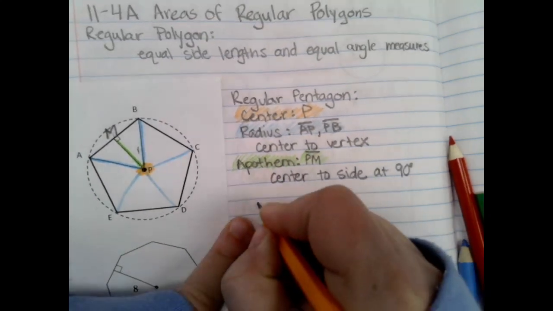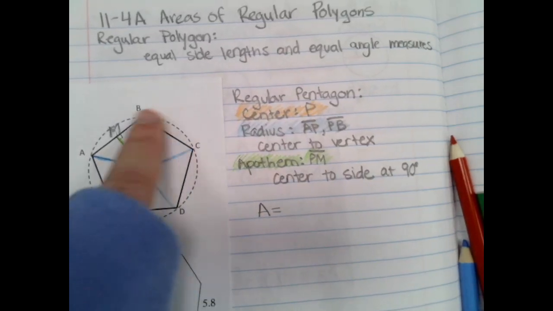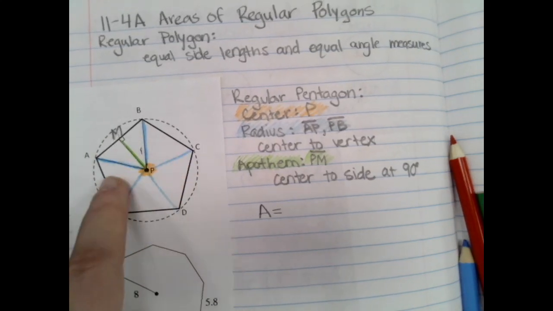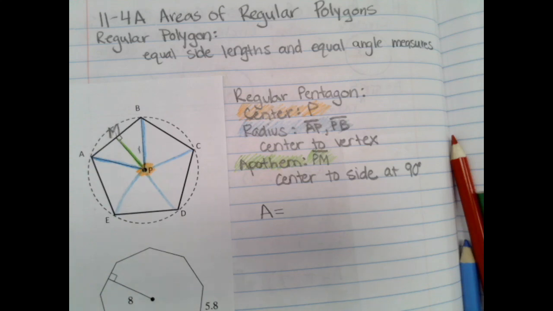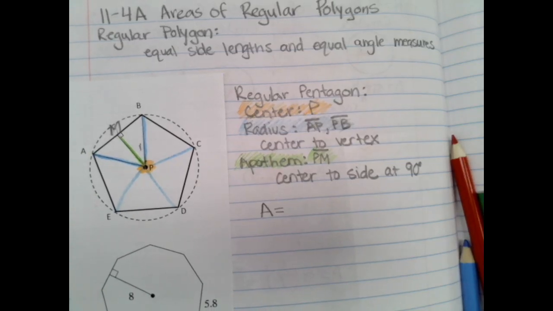So our area, A, equals, what shape is this made out of? All polygons can be drawn with triangles. And what's the formula for a triangle? A equals 1/2 base times height.